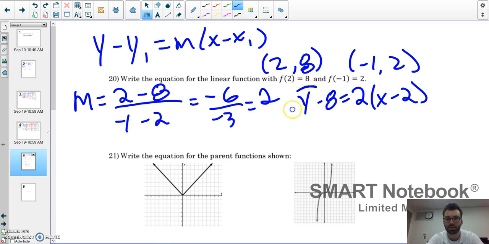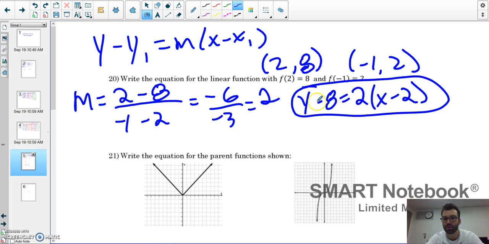Now you can leave it like this, or you can distribute your 2 and move the 8 over and put it in slope-intercept form, y equals mx plus b, which is something a lot of us are used to seeing. How would I get that? Distribute the 2, and then add 8.